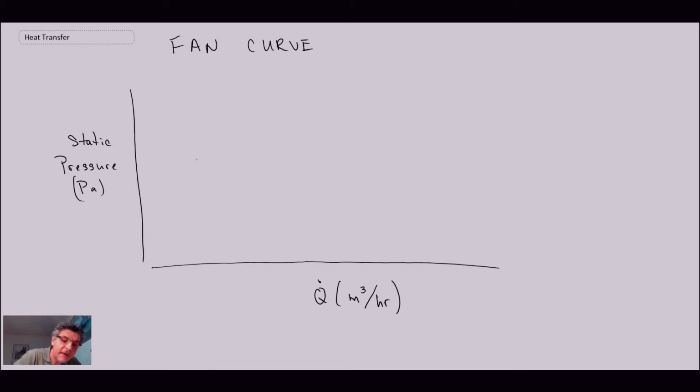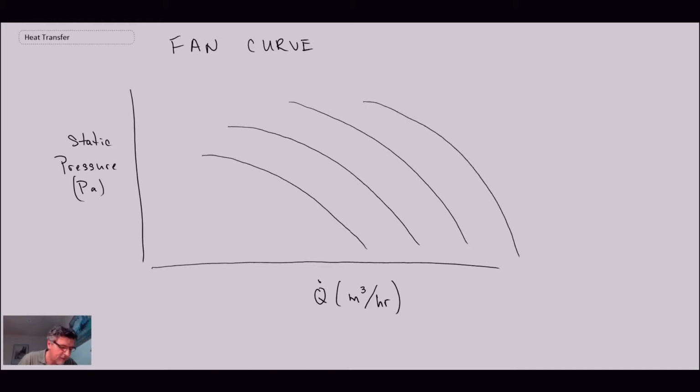What you'll then find is you're going to get a series of curves that may look something like this. These are the different fan curves. And as we go out in this direction, this is increasing RPM, that is, the rotations per minute of the fan.